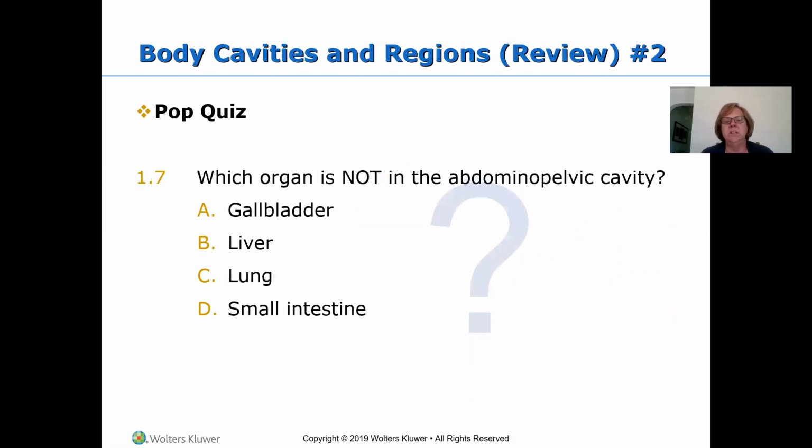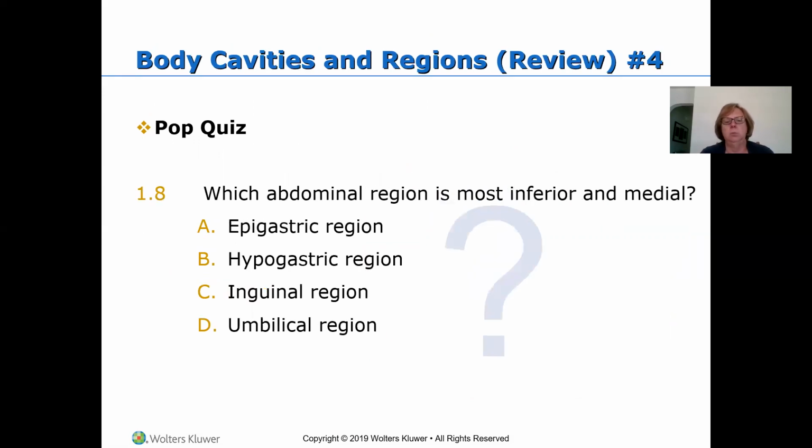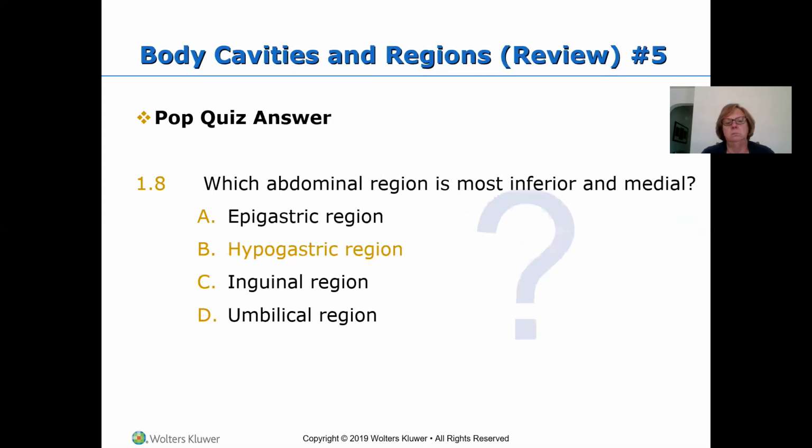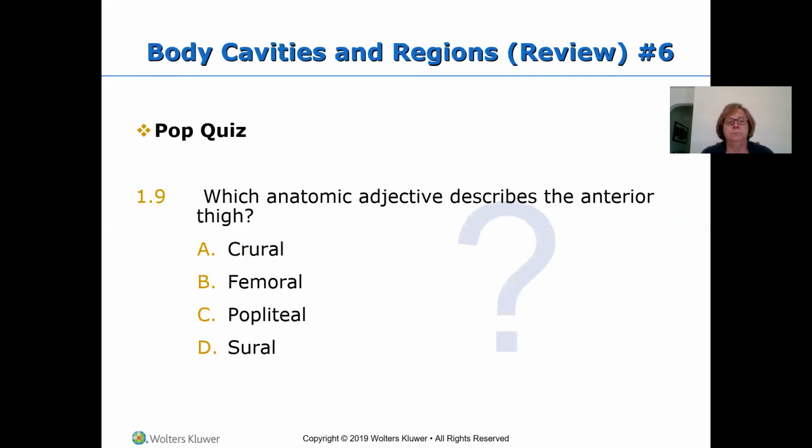So which organ is not in the abdominopelvic cavity? Which one would you think would not be in the abdominopelvic cavity? The lung. Okay. Which abdominal region is most inferior and medial? So inferior and medial, that would be below, and then medial: hypogastric.